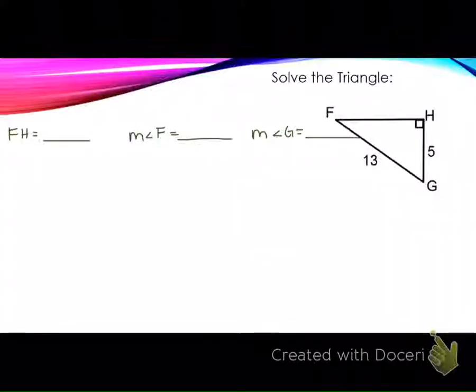All right, so what piece of information, Brandon, would you like to find first? FH, measure of angle F, or measure of angle G? Huh? And how are you going to do that?